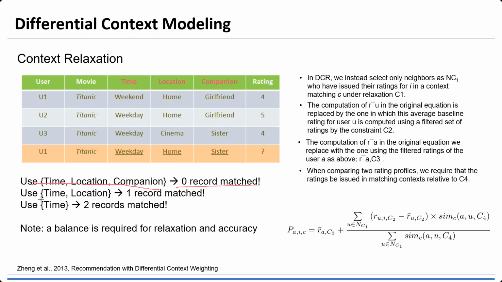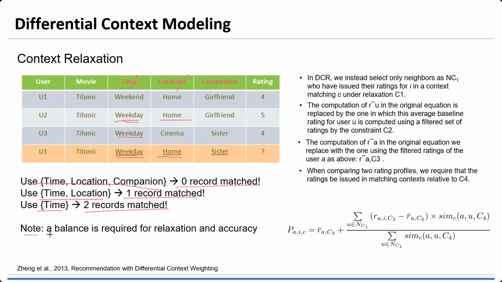If we use time and location only, with weekday and home, one record matches. If we use only time, weekday, there are two records that match. So that's how we try to do the context relaxation.